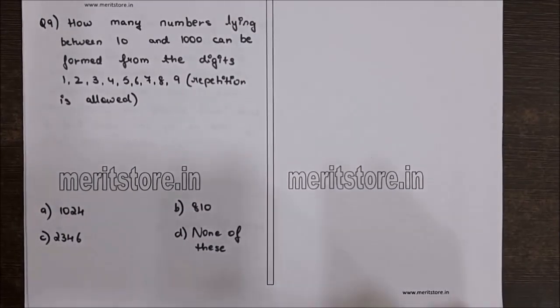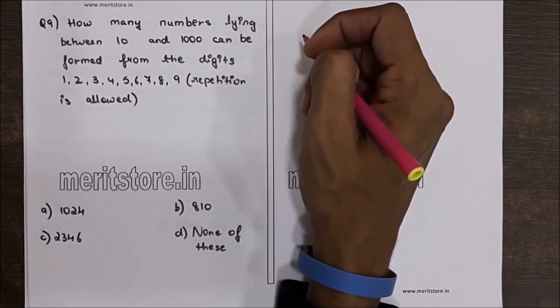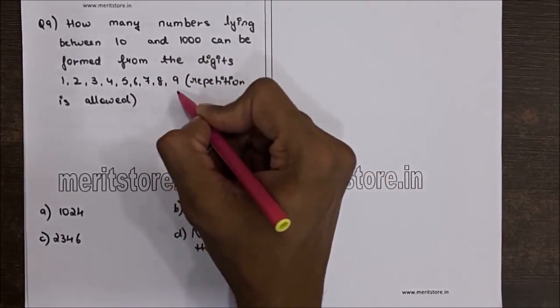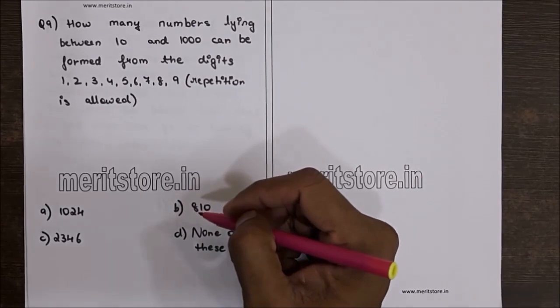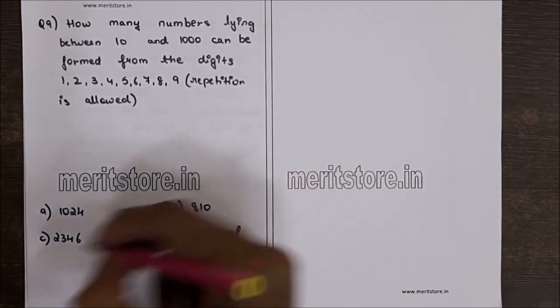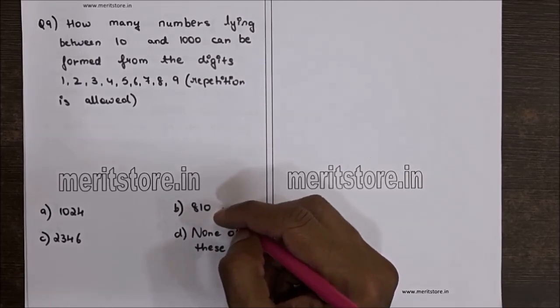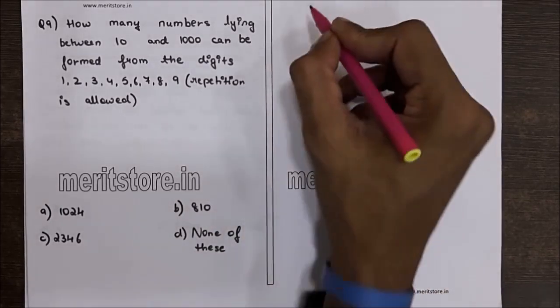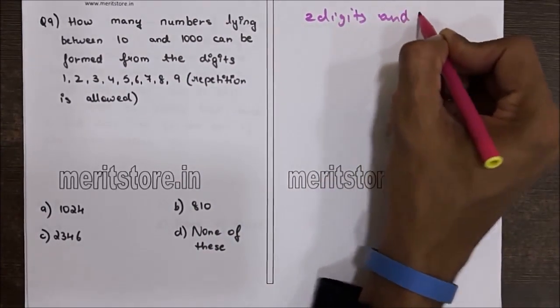Question 9. How many numbers lying between 10 and 1000 can be formed from the digits 1, 2, 3, 4, 5, 6, 7, 8, 9? Repetition is allowed. We have 4 options: A 1024, B 810, C 2346, and D none of these. Between 10 and 1000, the numbers are of 2 digits and 3 digits.